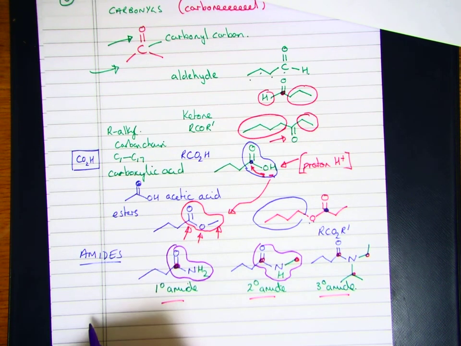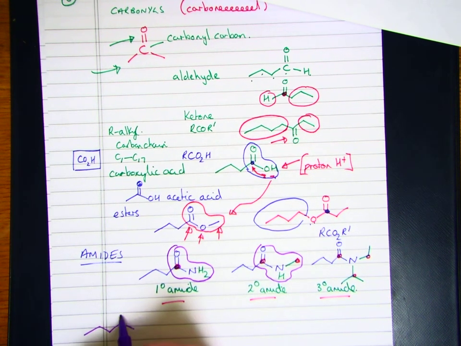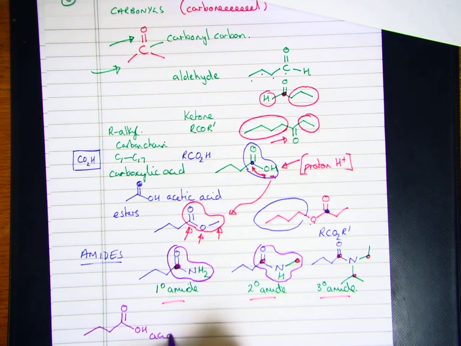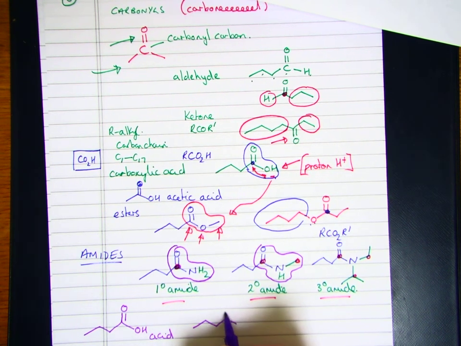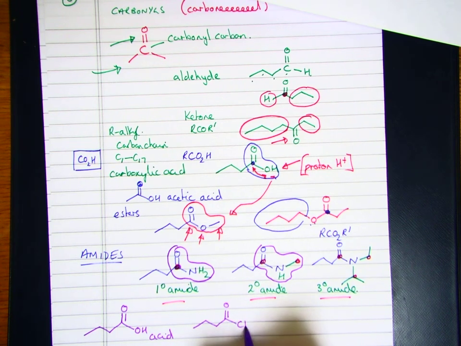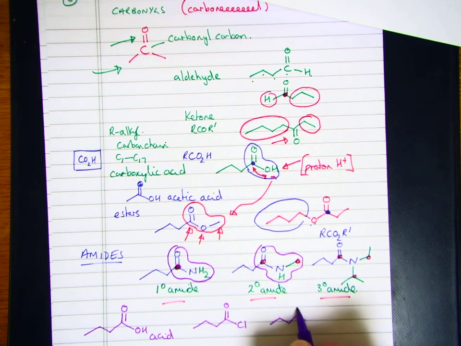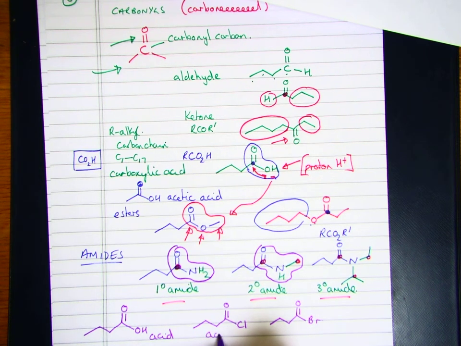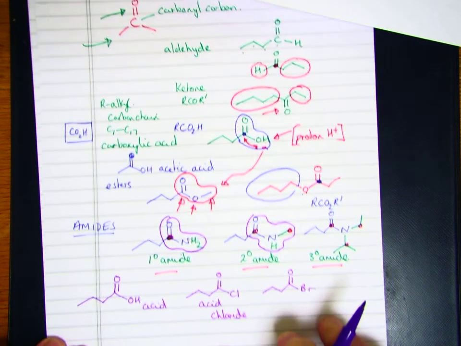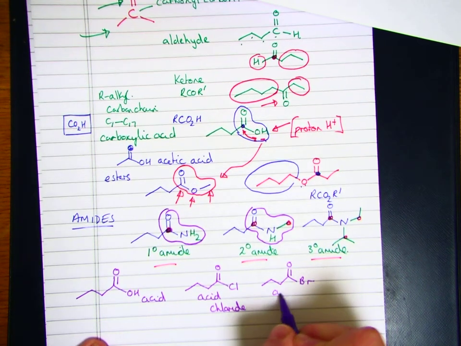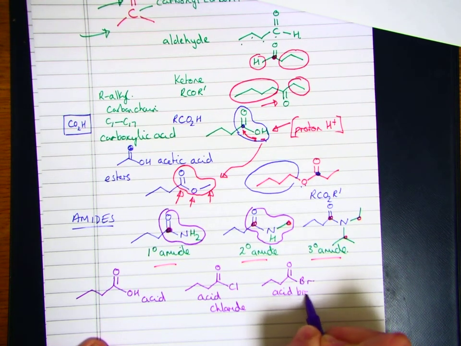Moving on a little further, we've got this, which we know is an acid. So if we replace the OH with a Cl or a Br, this becomes an acid chloride. Sorry about that. And this becomes an acid bromide.